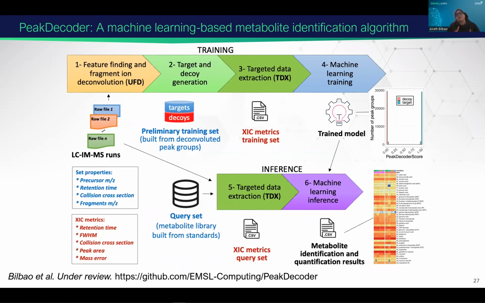And then once the model is trained, we can use libraries where we know the molecules, and query the data to score the annotation and say, do I see this metabolite or this protein in the data? And then we can extract from those peaks the integrated areas to do comparison analysis, where we can compare different strains or different sample conditions and so on.